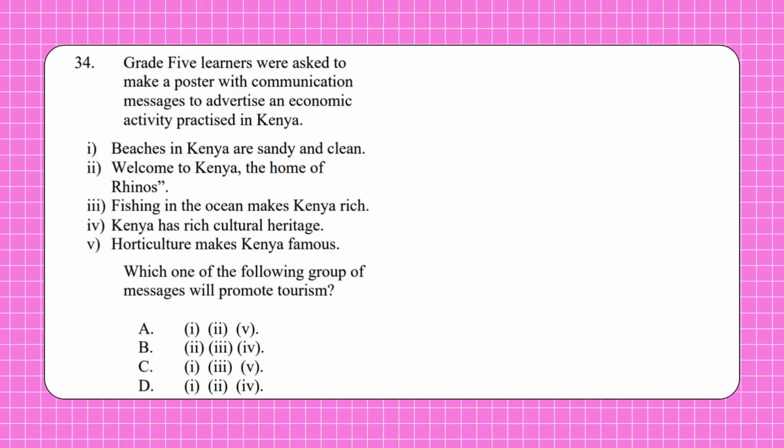34. Grade 5 learners were asked to make a poster with communication messages to advertise an economic activity practiced in Kenya. 1. Beaches in Kenya are sandy and clean. 2. Welcome to Kenya, the home of rhinos. 3. Fishing in the ocean makes Kenya rich. 4. Kenya has rich cultural heritage. 5.